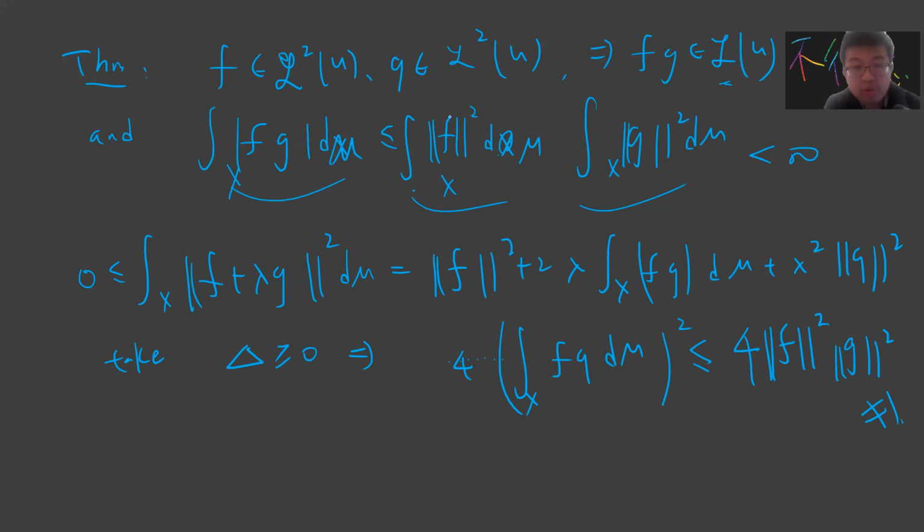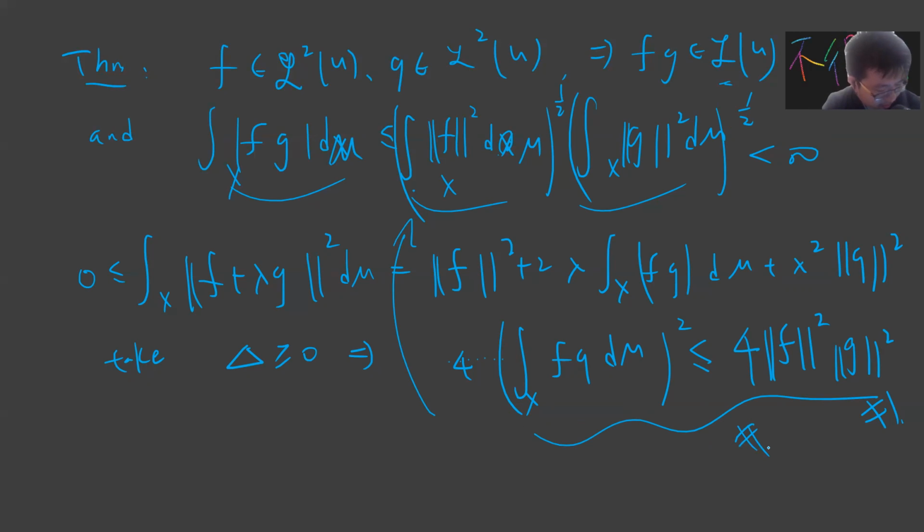Oh, sorry, I forgot about the square roots. So if you take this, you get this. And you can easily use Cauchy-Schwarz to prove the triangle inequality, that the norm of f plus g is at most the norm of f plus the norm of g. This is very trivial, just square it.